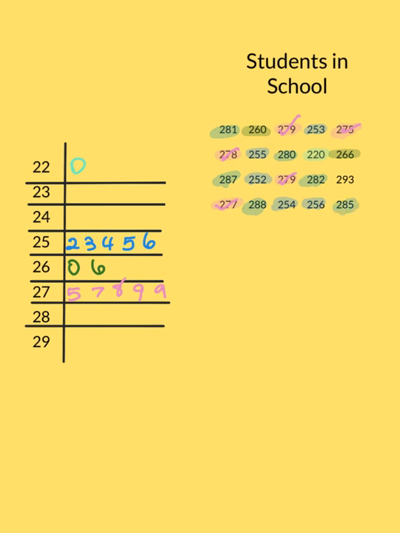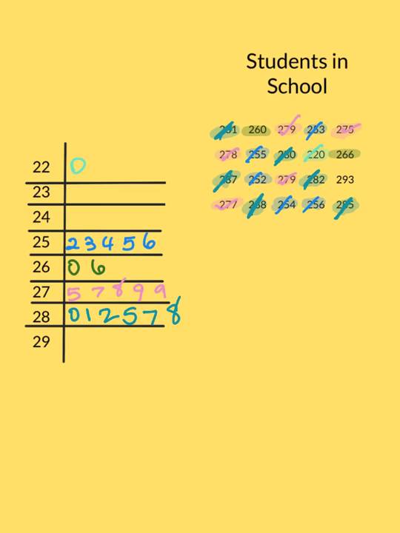So I'm going to go ahead and look at that. I have 280, and this one I'm really going to have to kind of check off. 280, then 281, 282, 285, 287, I'm sorry, and then 288.